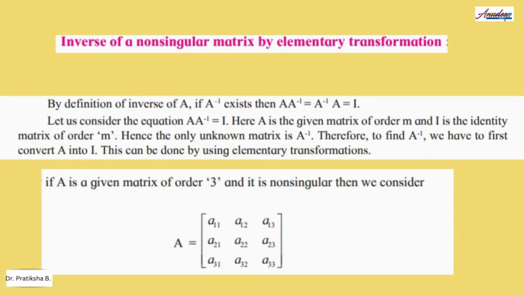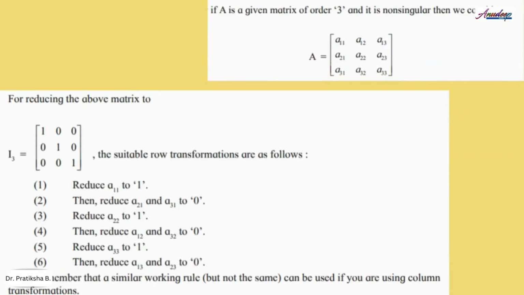Inverse of a non-singular matrix by elementary transformation. If the inverse of A exists, then A into A inverse equals A inverse into A equals I. We consider the equation A into A inverse equals I when we are finding the inverse of a matrix using row transformation. Following are the steps we are going to use when reducing the 3 by 3 non-singular matrix while finding the inverse.